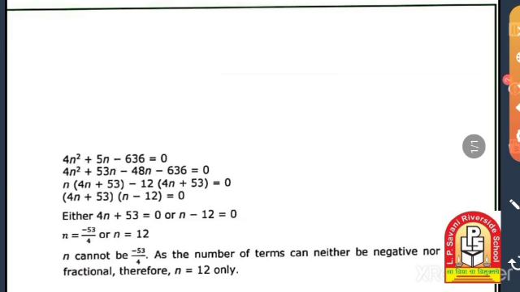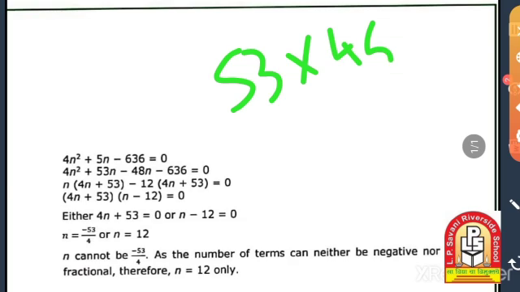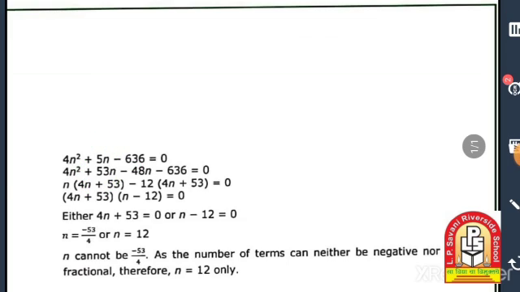So 53 in multiplication with 48 is 636. So minus 53 plus 48 gives 5. So in place of 5n we have to put 53n minus 48n.